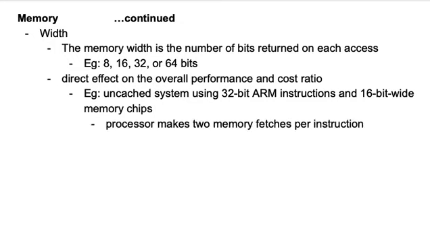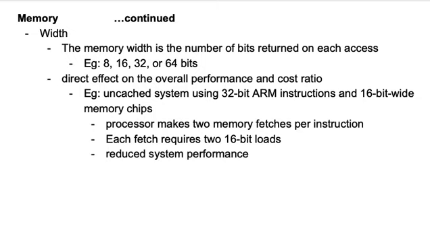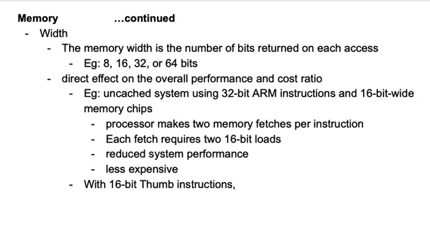For example, with 32-bit ARM instructions interoperating with 16-bit wide memory chips, the processor has to make two memory fetches per instruction because a single fetch can return only 16 bits from a 16-bit memory width. This leads to reduced system performance. However, it is less expensive because the number of bits is less.